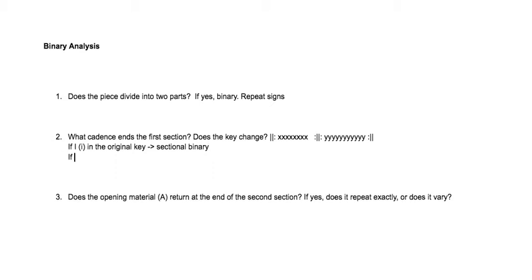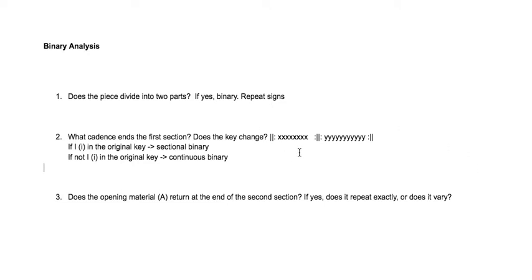And if it's not tonic in the original key, that tells us we're looking at a continuous binary. Okay. So that's that. So two possibilities, sectional binary or continuous binary.